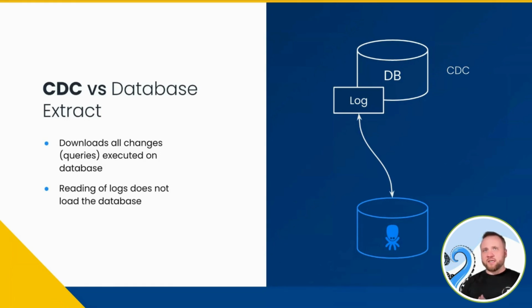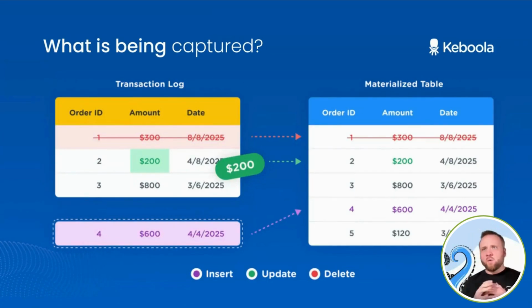So no load on your database, and also you have all the things without the necessity of having any updated column, because you are simply downloading everything that happened since you executed the CDC last time. So if you are executing CDC every 5 minutes, you will get all the changes in your databases for the last 5 minutes. What is being captured?